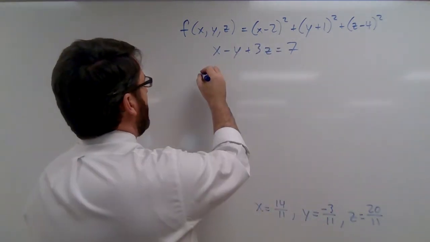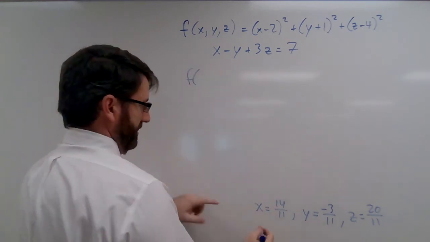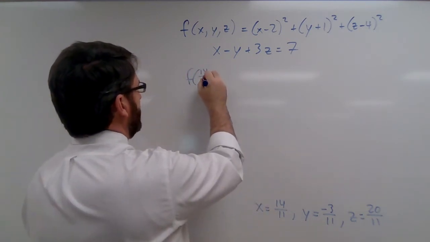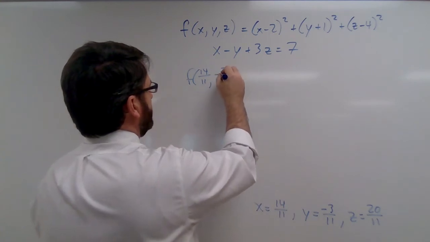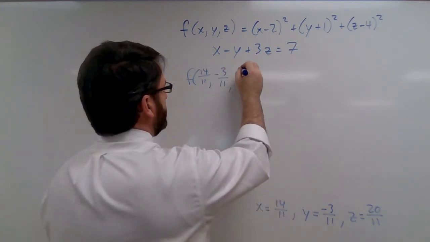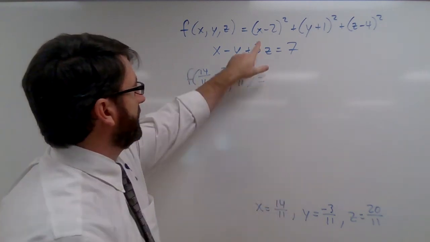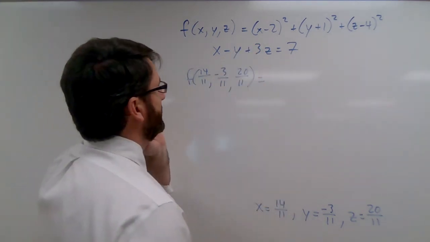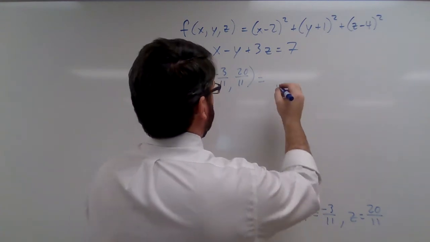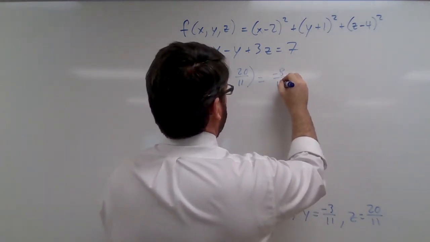And we're going to get that f of 14 elevenths, negative 3 elevenths, and 20 elevenths is going to be equal to 14/11 minus 2, which is negative 8/11.